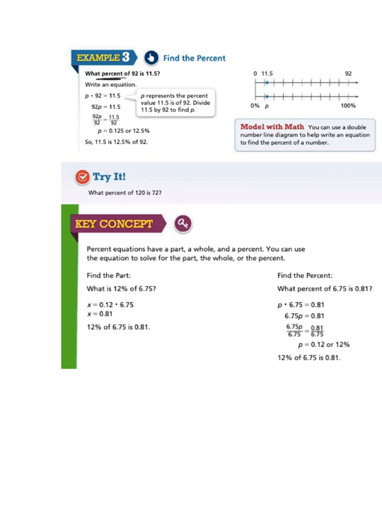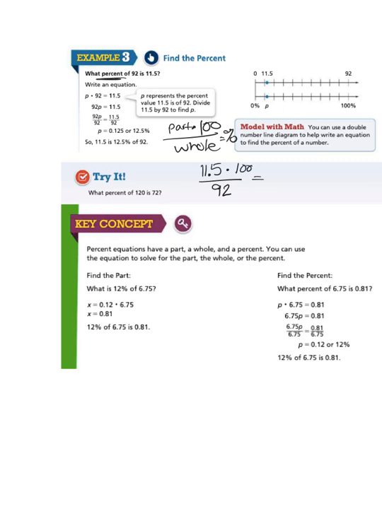So in order to find the percent, we have part times 100 divided by the whole equals the percent. We know 11.5 is what percent of 92. So we know our whole is going to be 92, and we know our part is 11.5 times 100.